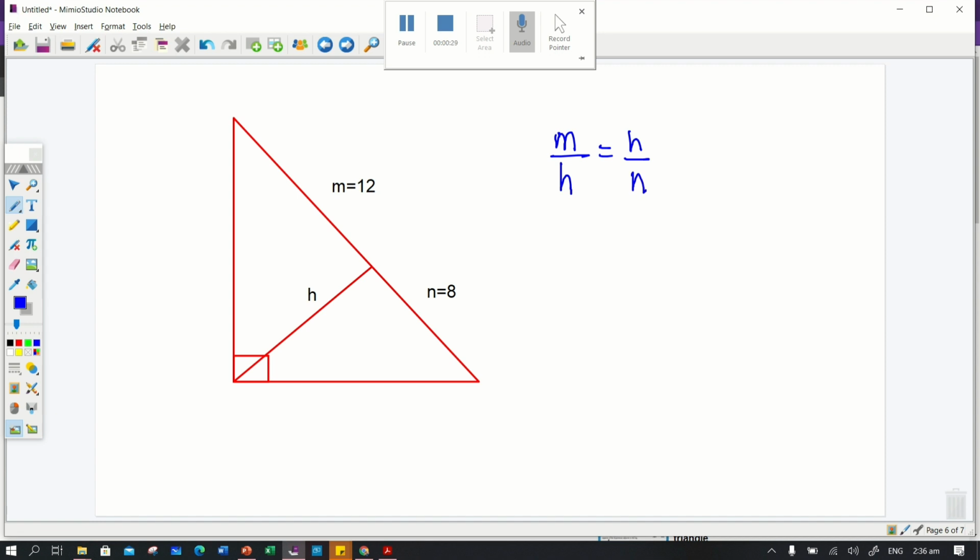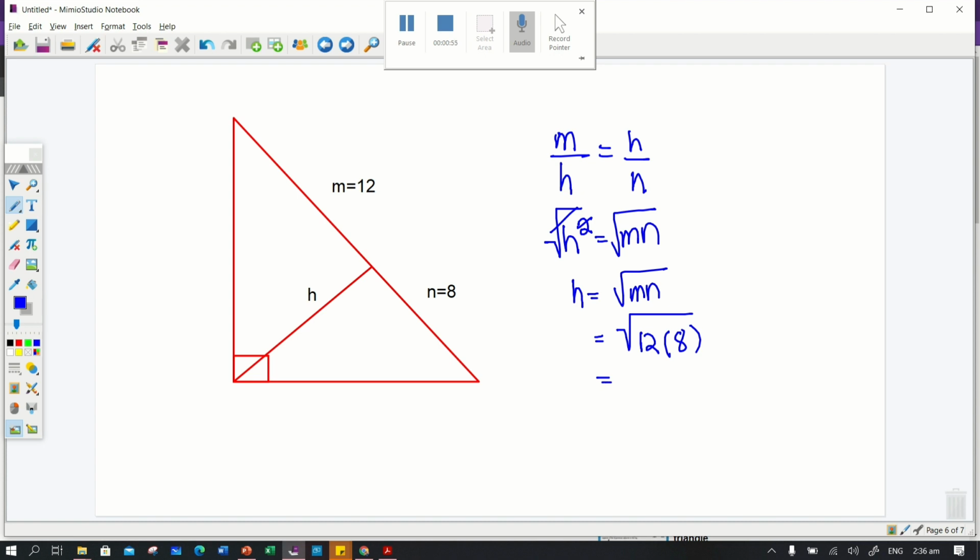And then if we apply cross product, we have h squared is equal to mn. And then applying extracting square root, so this is cancelled out. We have h is equal to the square root of mn. And then we're going to substitute the values of m and n, 12 multiplied by 8.